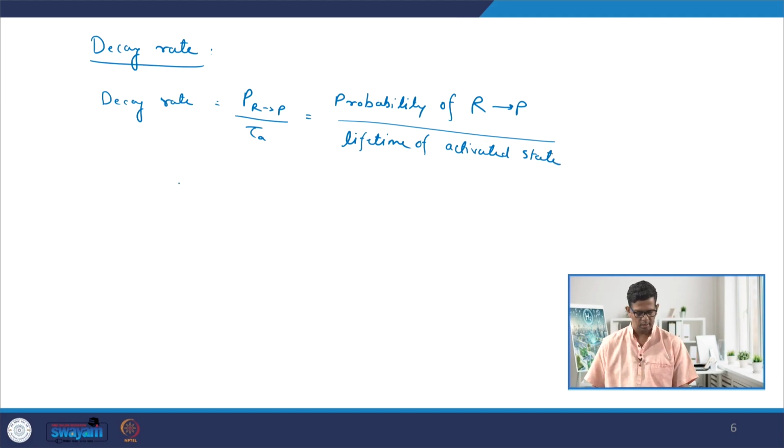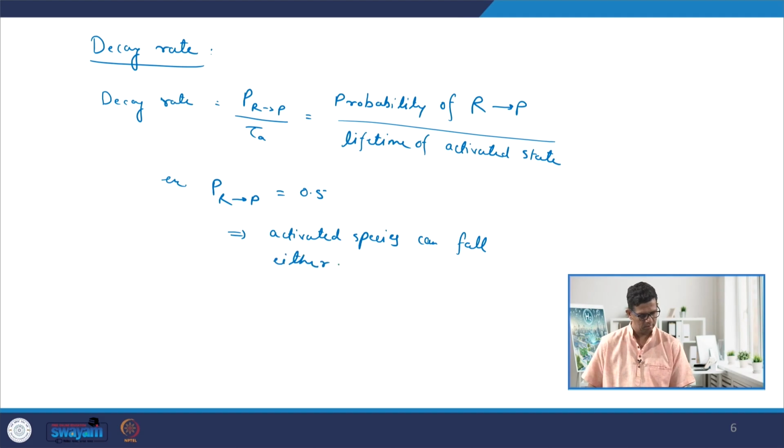When I say, for example, that the probability of reactant getting converted into product is half, what does it imply? It implies that the activated species can fall either way. In other words, recombinations are possible.